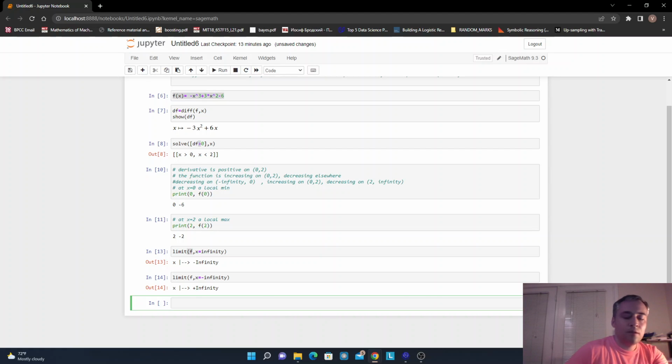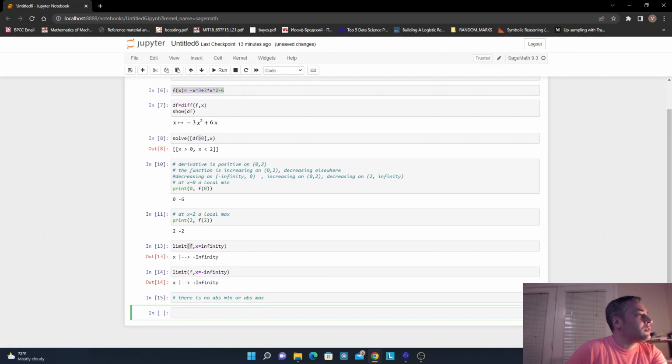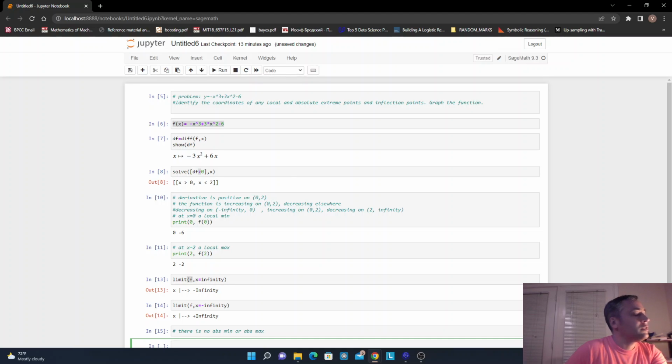So hence, there is no absolute minimum or absolute maximum. All right, we're done with this problem. This is the whole code for it, and I'll see you in the next one.